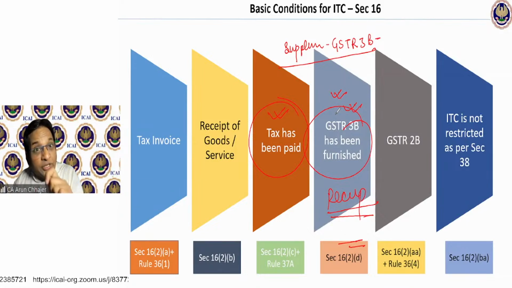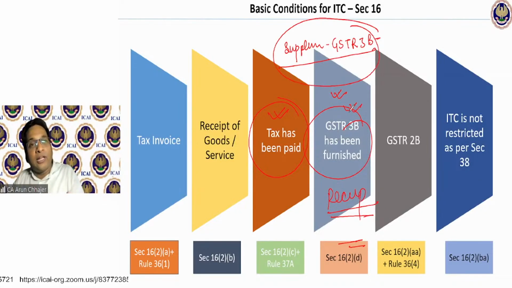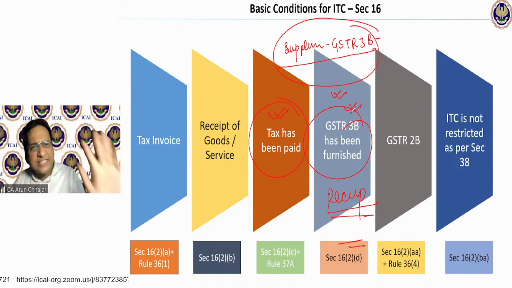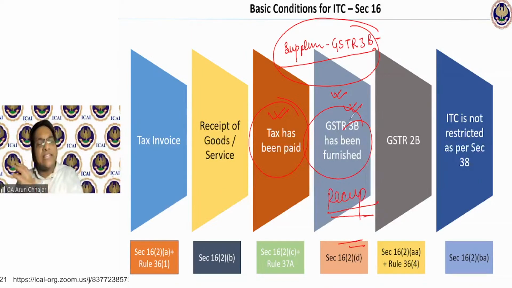This 16(2)(d) is talking about the recipient having furnished the GSTR 3B. Now my counter question: is there any condition anywhere in the law which talks about the supplier having filed the GSTR 3B? In the ITC chapter, I'm talking about, it is in your syllabus. That is the reason I'm asking the question.